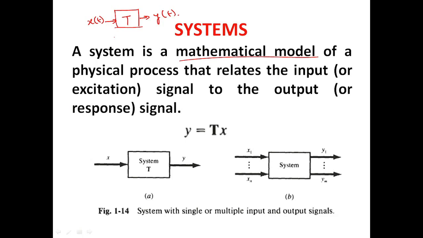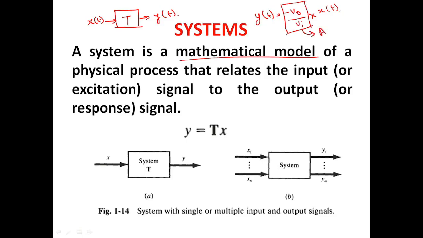So what happens in an inverting amplifier? y(t) equals minus V0 by Vin into x(t), right? Now what is this?